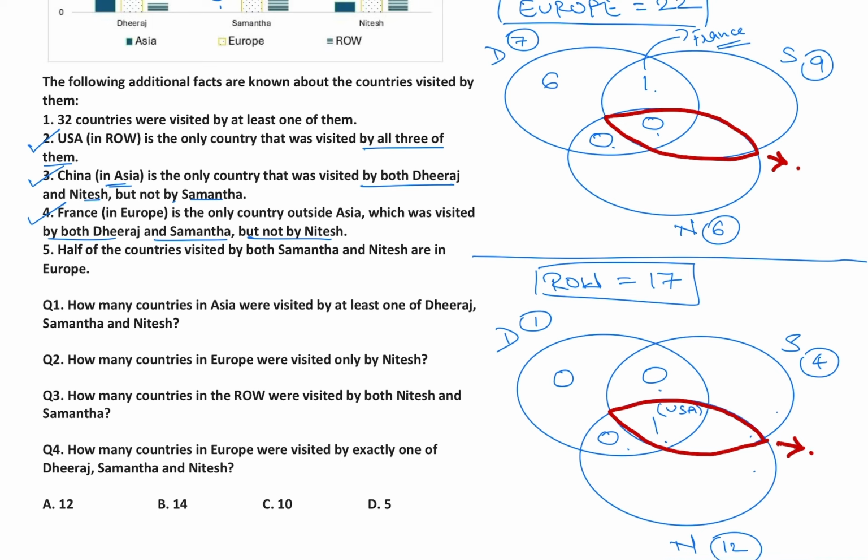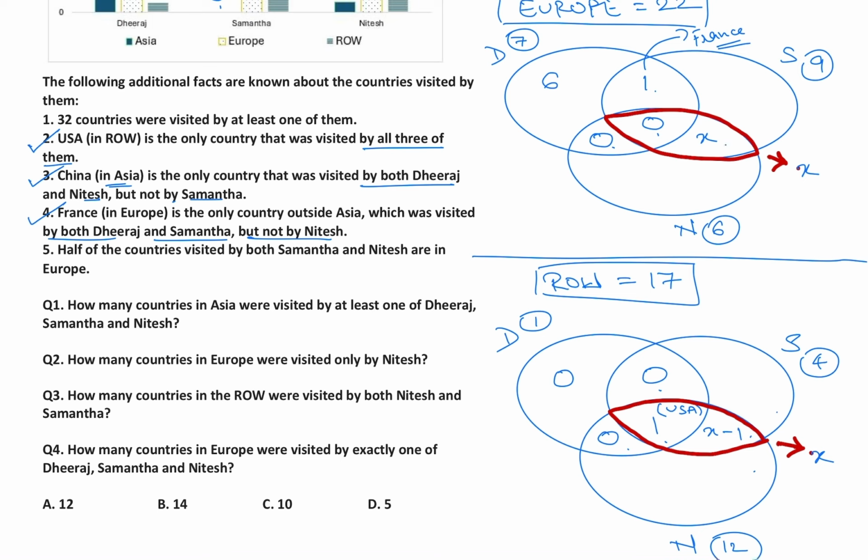Okay. So what I can do now is introduce a variable here. Let me take this as x, and they both will travel to x countries. Half of the countries they both travel to will be x, so the other half will also have to be x. So if this is 1, this has to be x minus 1.